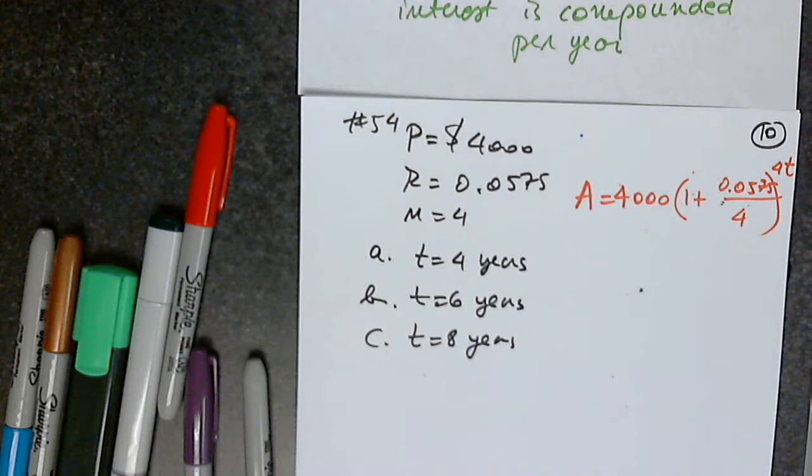In y equals, let's punch in 4,000 in parentheses 1 plus 0.0575 divided by 4. Close the parenthesis. Put the caret, and in parentheses 4 times x.